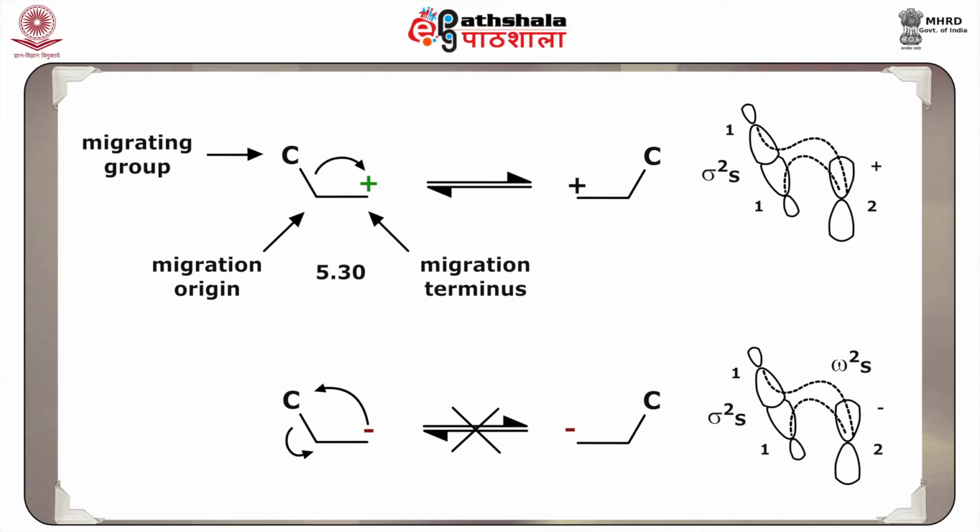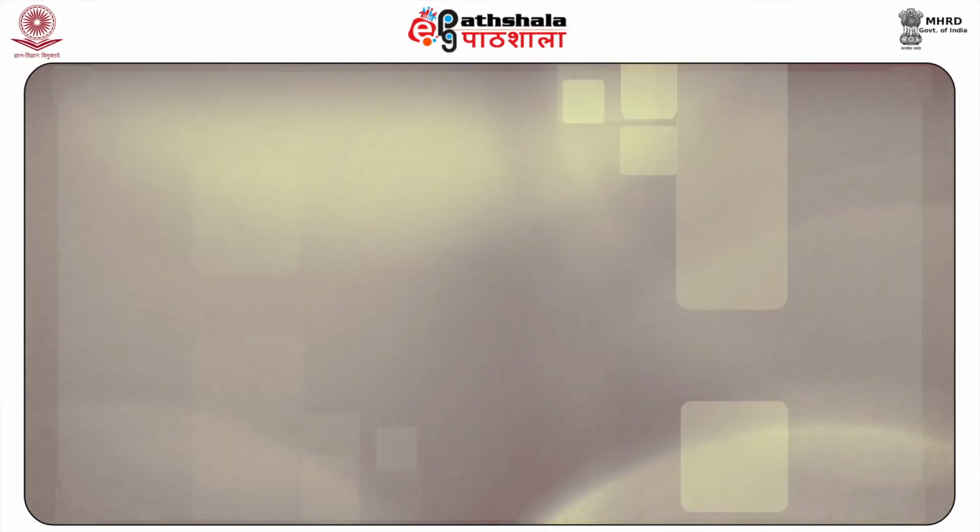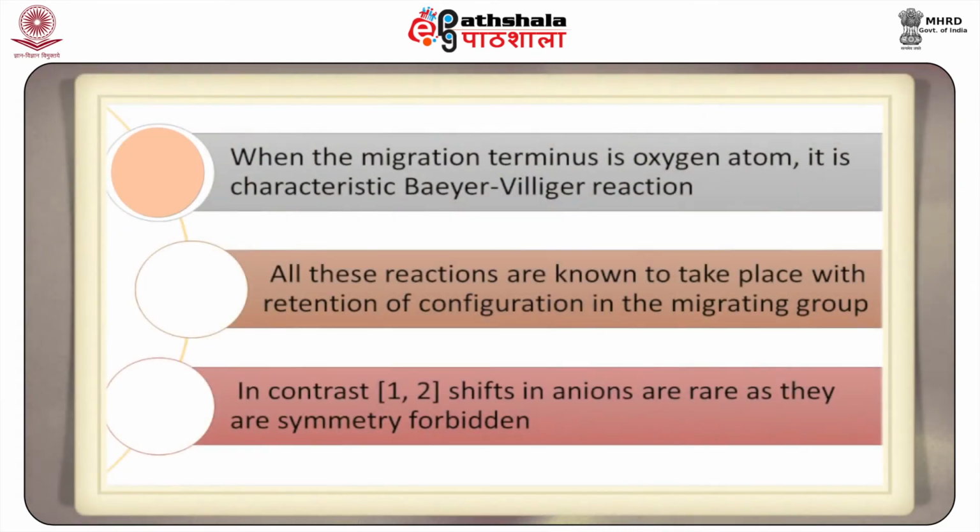If the migration terminus is a nitrogen atom, it may be a Curtius, Beckmann or Lossen rearrangement. When the migration terminus is an oxygen atom, it is the characteristic Baeyer-Villiger reaction. All these reactions are known to take place with retention of configuration in the migrating group.